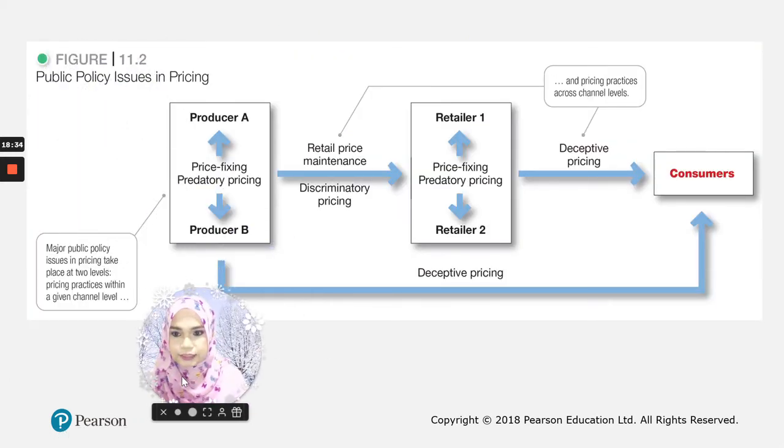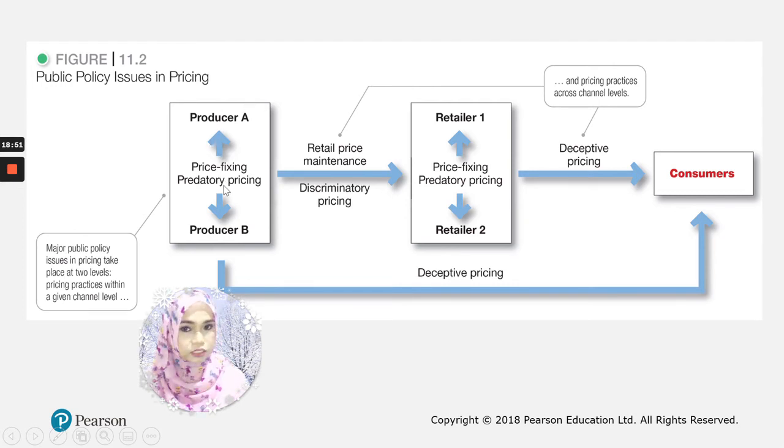Figure 11.2 shows the public policy issues in pricing. Some of the issues that happen when you want to set the price. You can look at it from the producer. Remember, you are not the only producer.